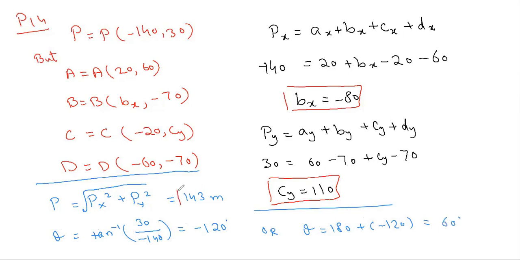This is one solution of the angle, and this is another solution of the angle. Sorry, I think I made a mistake. This is 12 degrees, and in turn this will be 68 degrees. Yes. Okay, so this is the problem. It's fine.